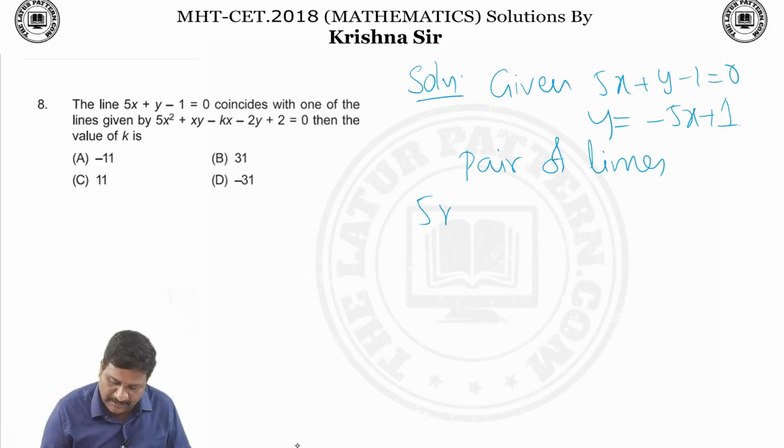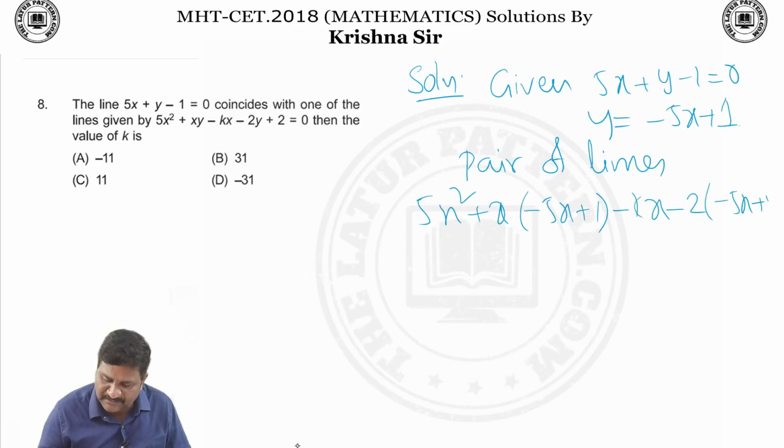5x square plus x into y, y is minus 5x plus 1, minus kx minus 2 into y, y is minus 5x plus 1, plus 2 is equal to 0. Now simplify this.